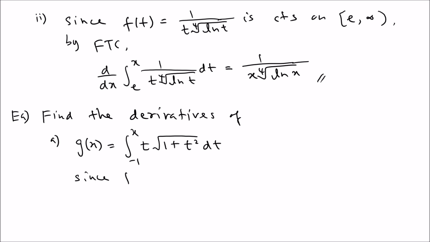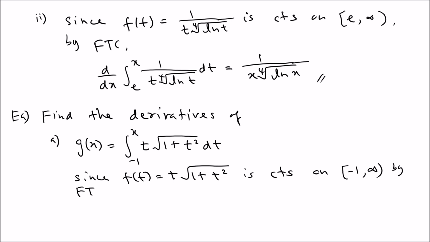Since the function f(t), which is t times the square root of 1 plus t squared, is continuous everywhere, by FTC g prime of x is simply the derivative of that.